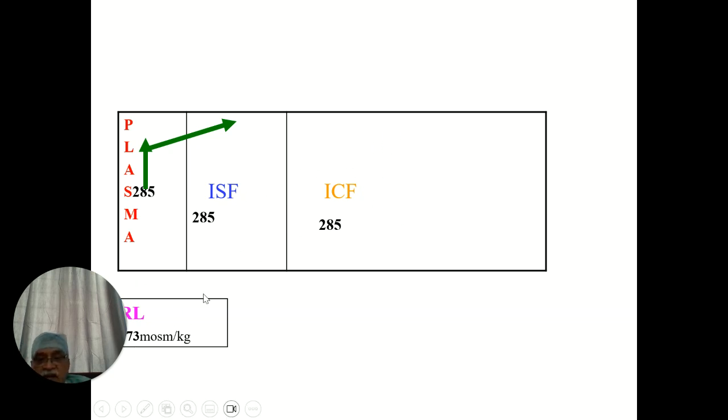Where do you use Ringer's lactate? Its composition is the same as blood: 140 milliequivalents of sodium, 108 milliequivalents of chloride, bicarbonate 27 milliequivalents, and potassium 4 milliequivalents. So its composition is the same as plasma.